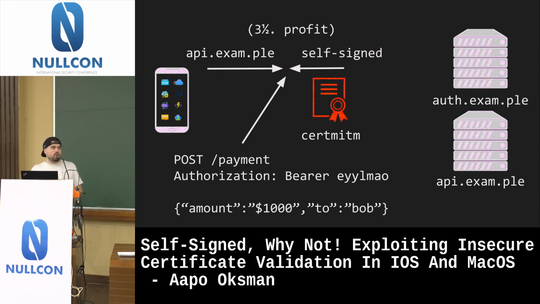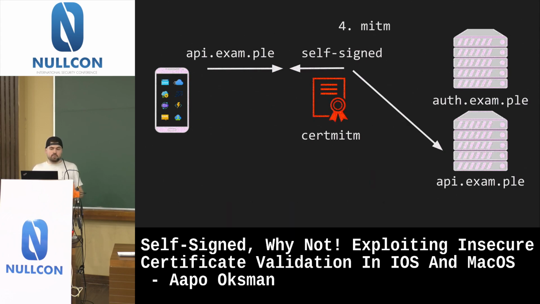If you know how this works, we don't need the password anymore, because we can use this token to authenticate ourselves as the user to the API. So basically, we have stolen the credentials for this user, and in this example, they try to send $1,000 to Bob, so we could change this information, use the same credentials, and modify it.